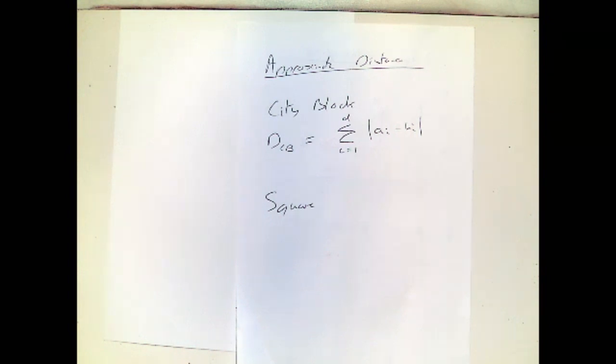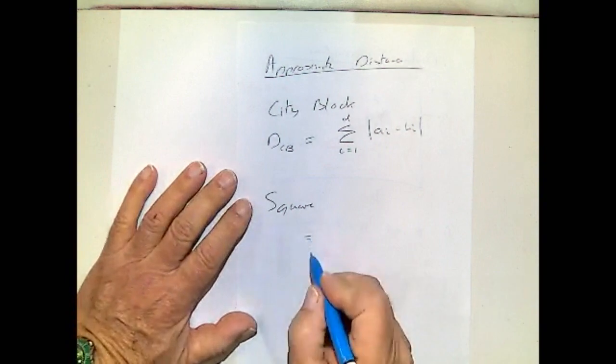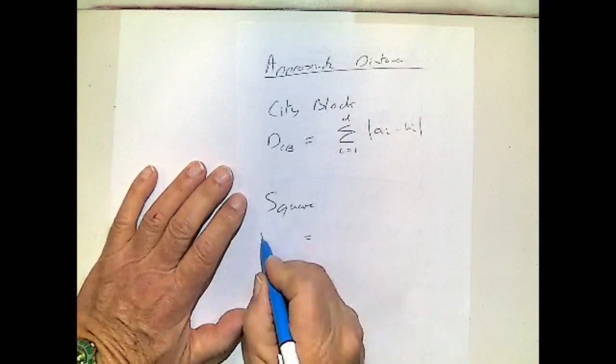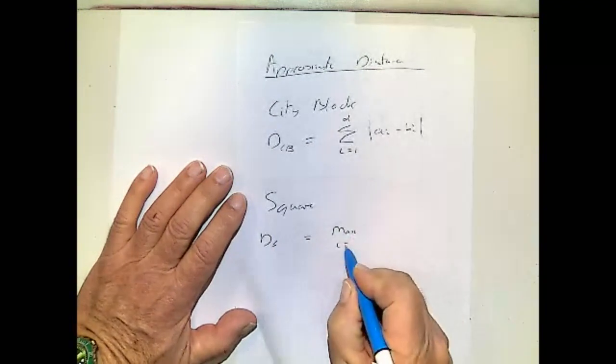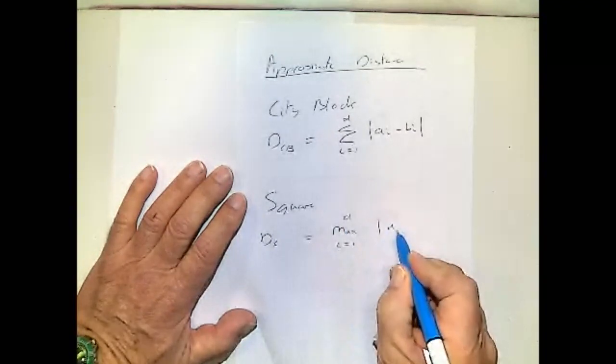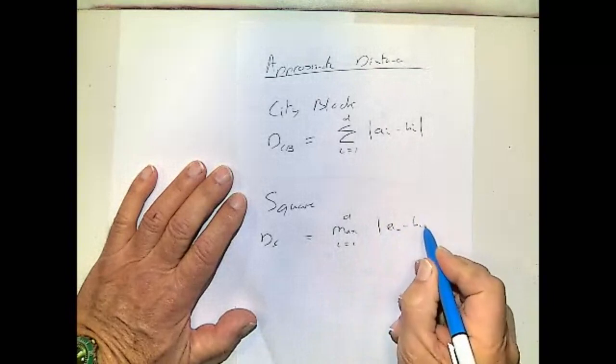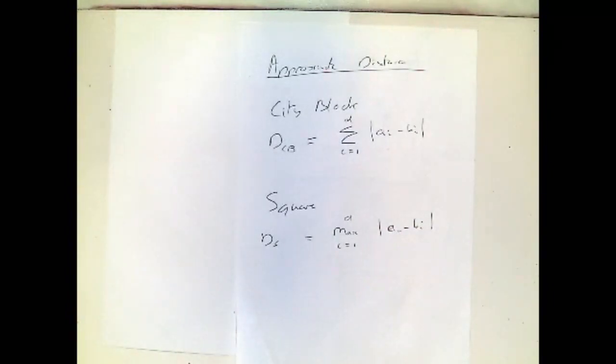So that could be 100 times faster. The square distance has got nothing to do with the square operation. d square is the max operator over i equals 1 to d of the mod. And that looks like a completely different way of calculating from the city block.